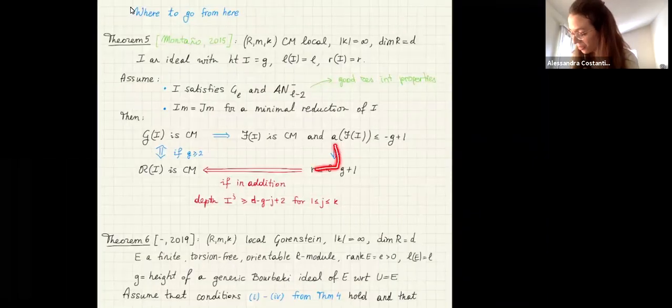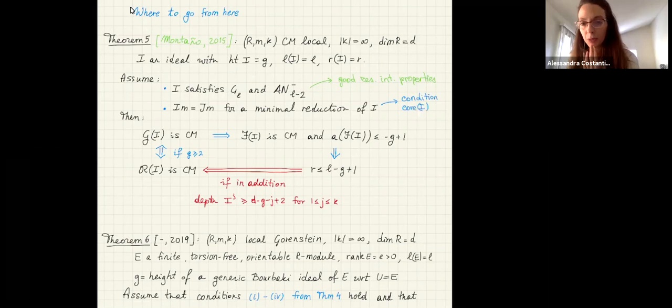But I cannot get this part. And what's missing is that really this condition here, this is a condition on the core of I, which you might be familiar with if you work with integral dependence of ideals, but this is the intersection of all minimal reductions.